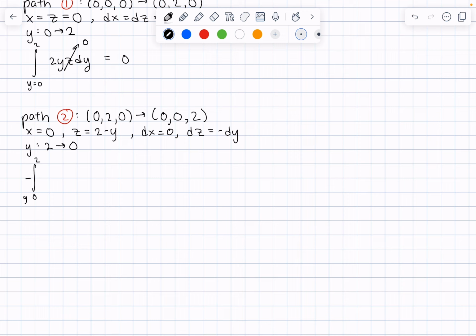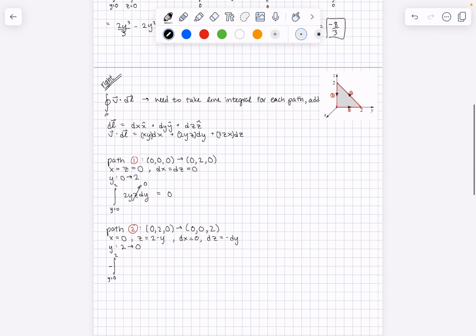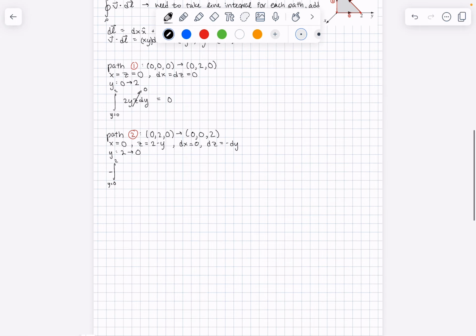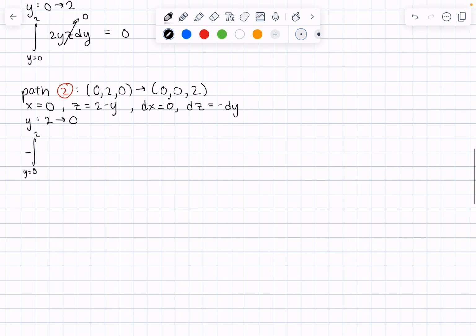And to be clear, it's y, and now we only are worrying about our y changing, and so when we plug our dx and our dz into our equation above, we're going to get that we're integrating 2y, and we're going to plug in our z here, negative y plus 2 dy.